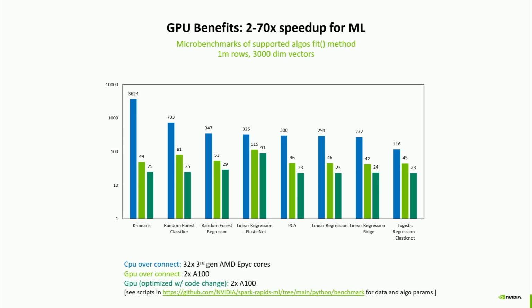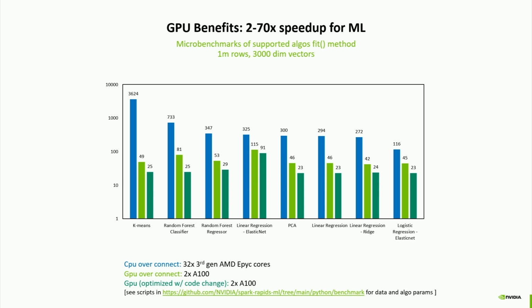For the ML speedups, here's some somewhat less formal benchmark results, again similar to ones we've presented previously. This time we ran our standard suite of ML estimator fit method micro benchmarks, which can be found in our GitHub repo shown on the slide, for the Spark ML algorithms that we currently accelerate. And we did this on an in-house server that had multiple A100 GPUs, and we used 2 of them for these results in each case of each algorithm.